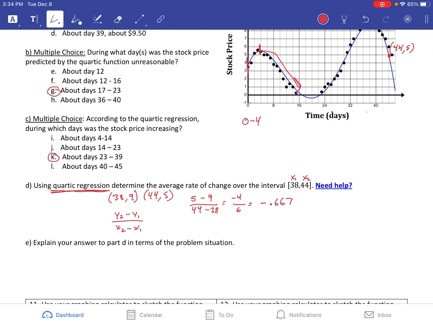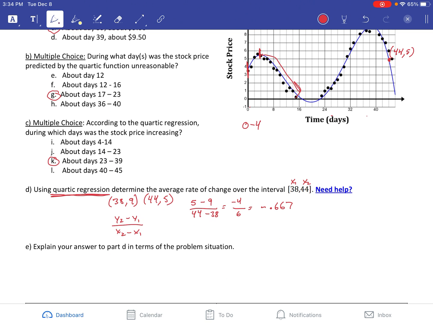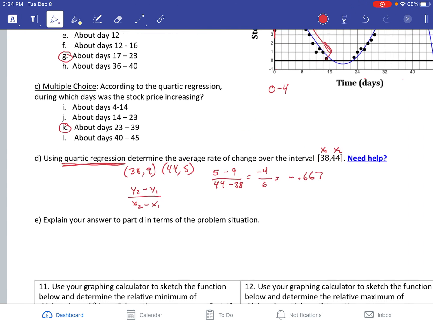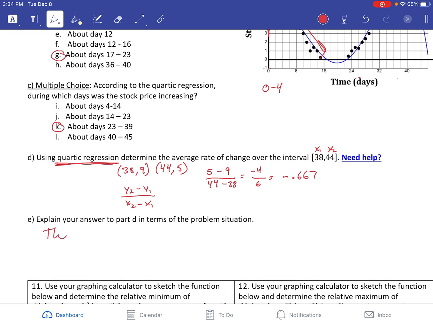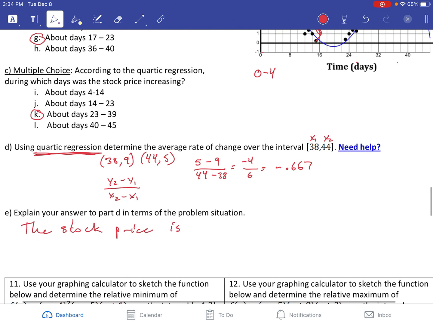So what that means, and that's what part E is, is that between those 2 days, day 38 and day 44, the stock price is decreasing because it's negative, and you can see on the graph it's going down.